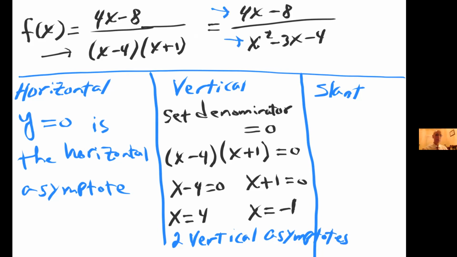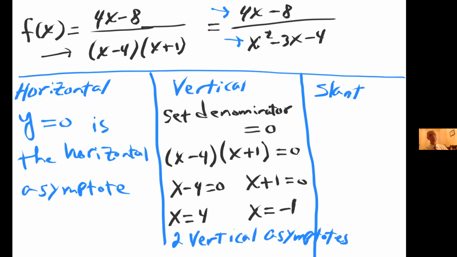As a rule of thumb, you cannot have horizontal and slant asymptotes at the same time, because if the degree of the top is higher by 1, there is no horizontal asymptote, since a horizontal asymptote does not exist when the degree of the numerator is higher.